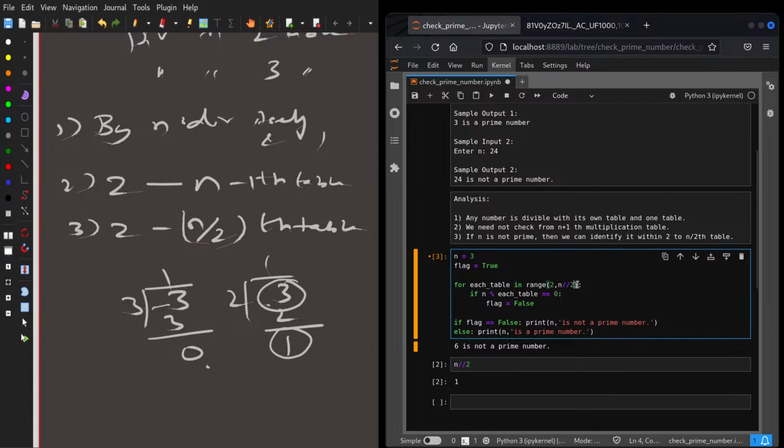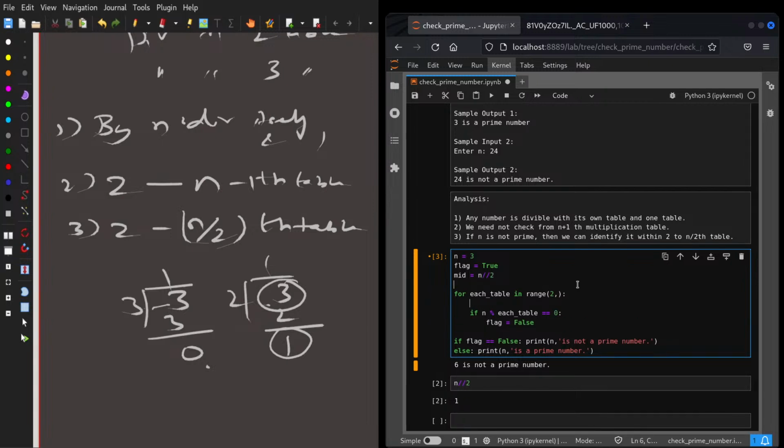Let's give it as a mid number. We have to do this operation only if mid is greater than 1.